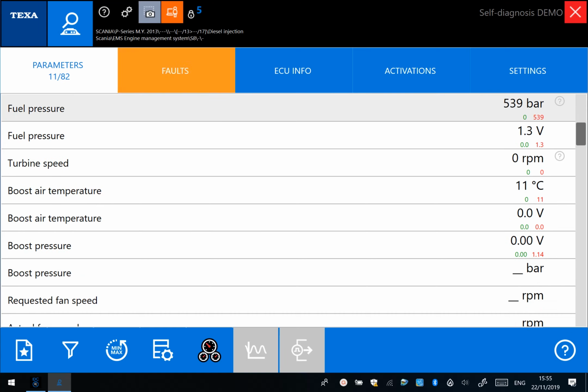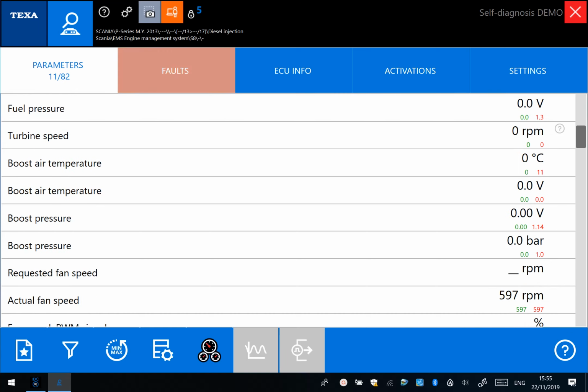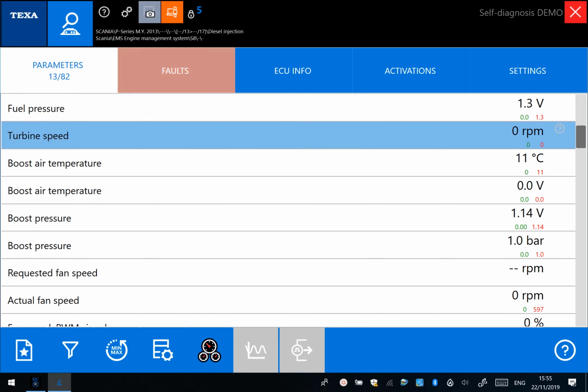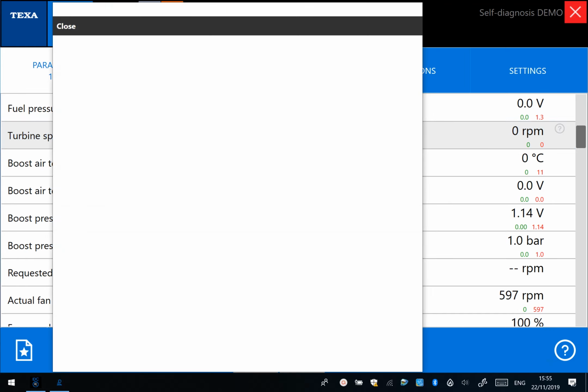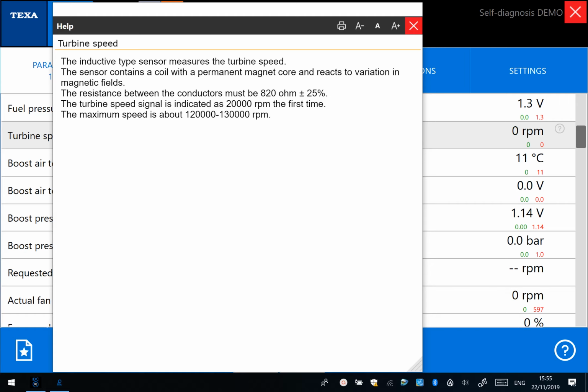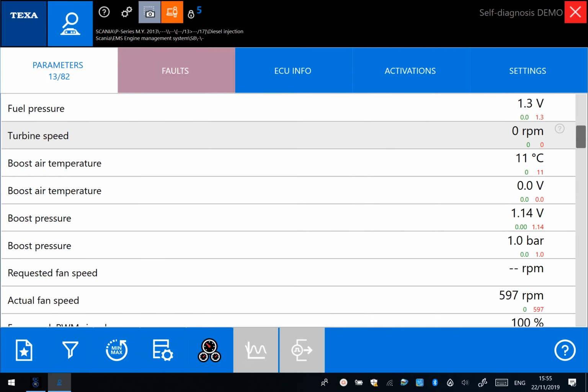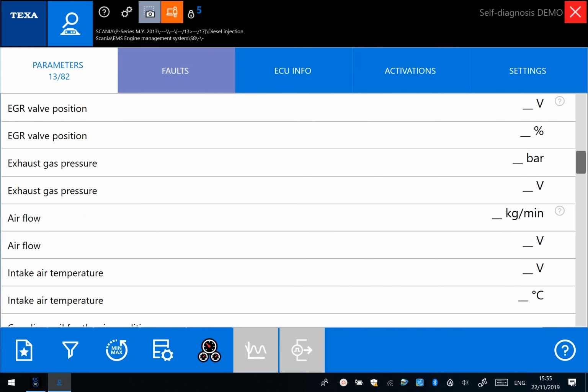Each one has a figure, it also has a unit of measure, and for example, on this one we can click that, and if it's got a question mark, it can then tell you what that turbine speed should be. A lot of the time it's all very well seeing a reading, but unless you know what it should be, you're not 100% sure. So you can see as we scroll down, there's a lot of information there.